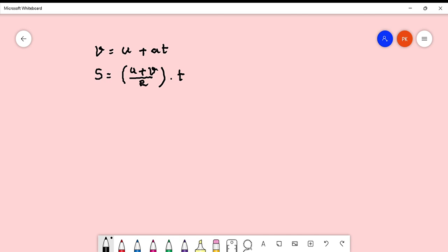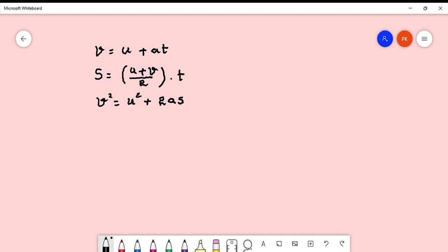The next equation is V square is equal to U square plus 2AS, which gives the relationship between final velocity in terms of initial velocity, acceleration and displacement.